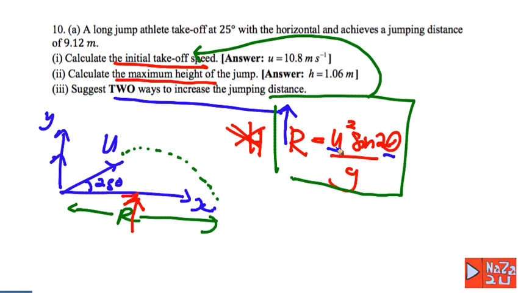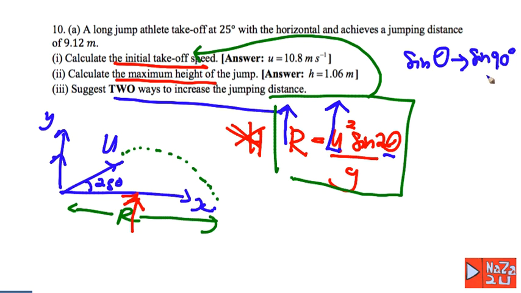First, you can increase the initial u. Second, you can increase the value of sine 2 theta, but the maximum is sine 90.